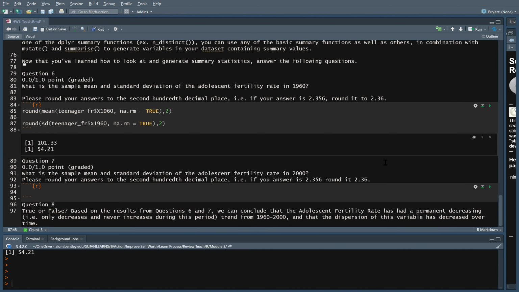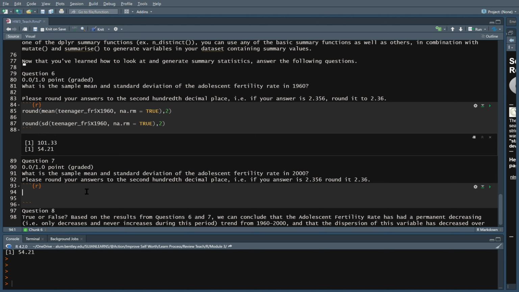Next, we have question number 7, which asks, what is the sample mean and standard deviation of adolescent fertility rate in 2000? Now, the year is different. We have to calculate the fertility rate of 2000. It's similar to what we did earlier. The only difference is that this time, we'll be using 2000 instead of 1960.